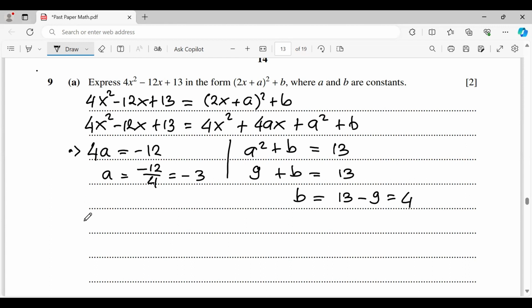So it means, this form, okay, 2x plus a squared plus b, we can write down as 2x minus 3, because a equals -3, squared plus 4.